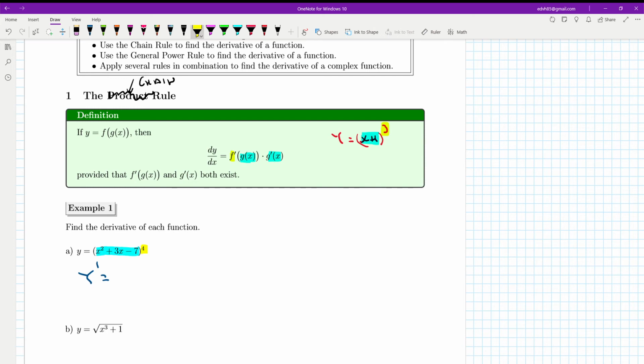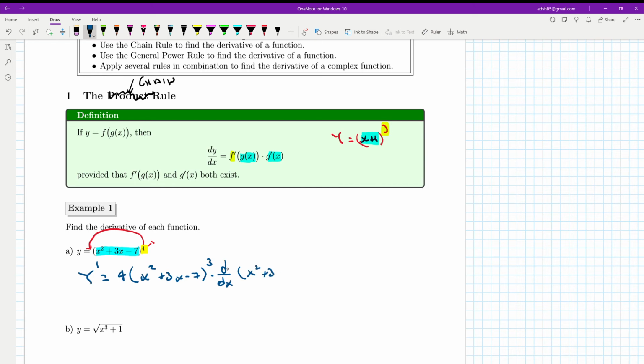So this 4 will jump out in the front, subtract 1, so that'll be 4 times x squared plus 3x minus 7 to the 4 minus 1, which is 3, times the derivative with respect to x of the function inside, which is x squared plus 3x minus 7.